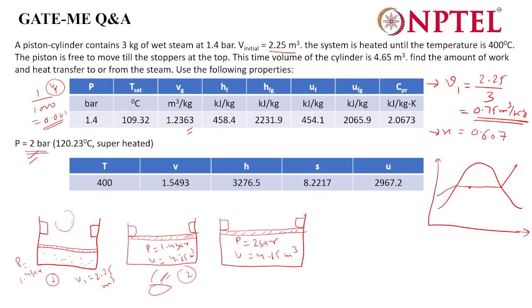So you can find the enthalpy. Sir, enthalpy is coming 5,439.5 kilojoule. Enthalpy at this point, right? H1 is what?